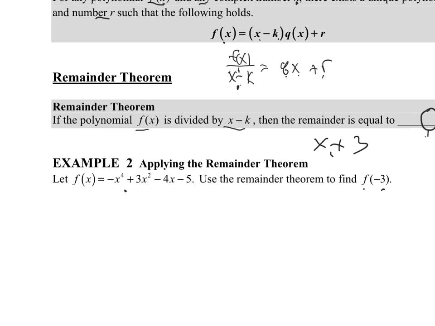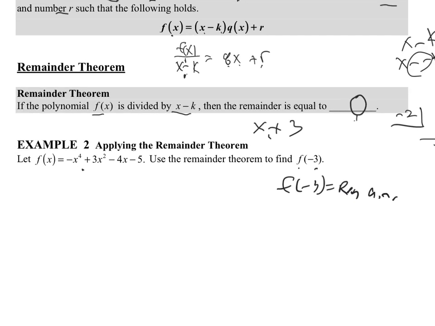If this doesn't go in evenly, then the answer actually is the remainder; f of negative 3 will be the remainder. So even if it's 0, f of negative 3 could be 0, or f of negative 3 could be a negative 10. I don't know what it's going to be. Whatever the remainder is, that's what the evaluation of that function is.